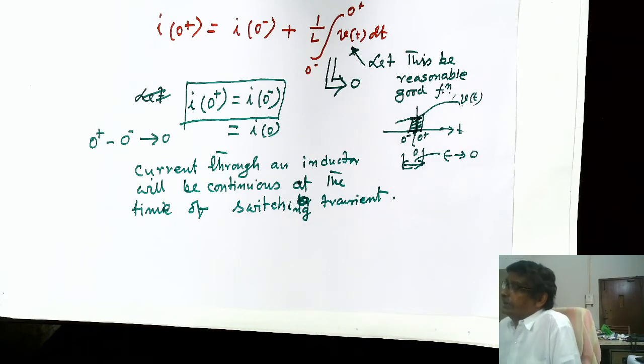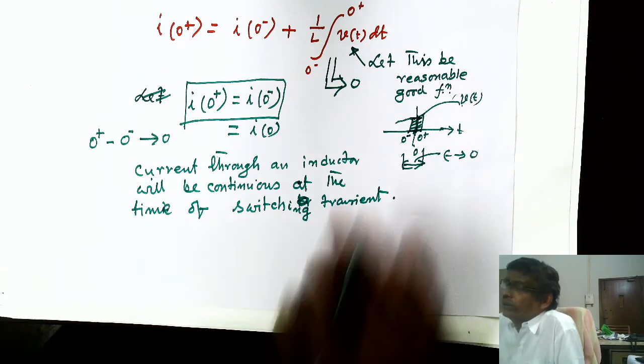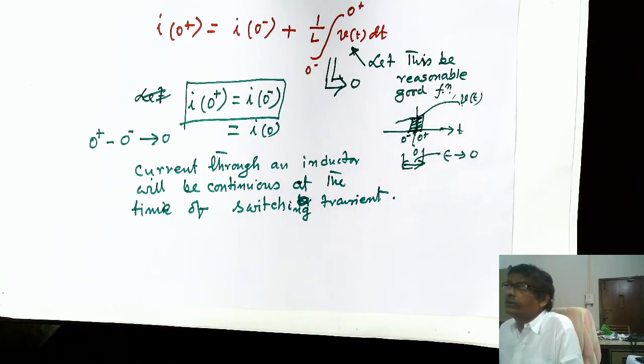Now the question is, okay, reasonably good function, fine, but I told you your supply voltage may be a square voltage, where that applied voltage function may not be what is called a continuous function, Vt. Then will there be any difference? Let us see that.